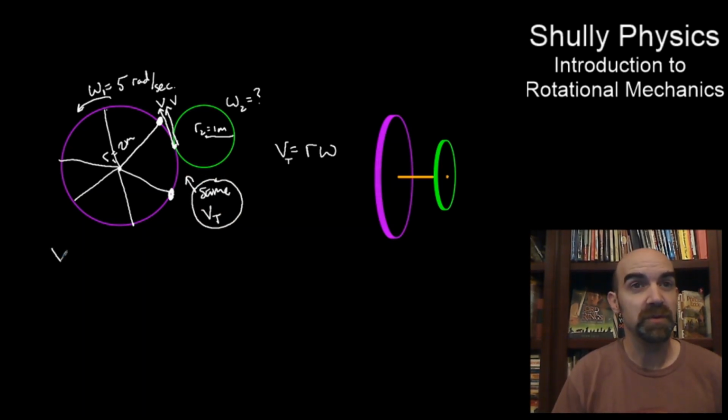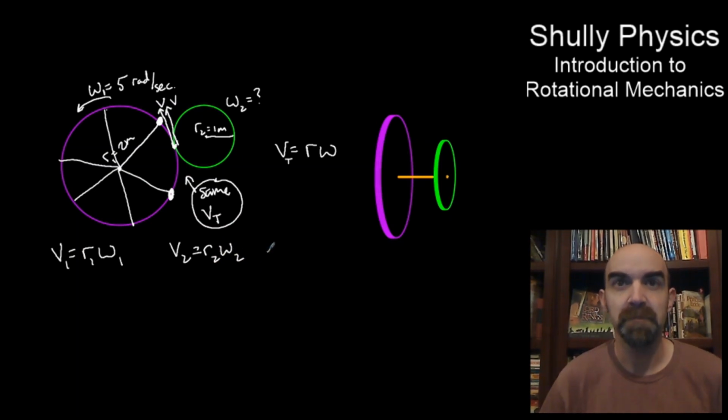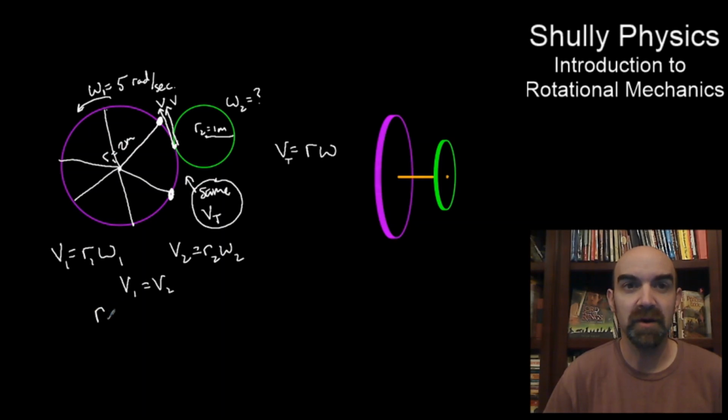So if we were to write out v1 equals r1 omega 1 for wheel number 1, and v2 equals r2 omega 2 for wheel number 2, if they have the same edge velocity, that means that v1 is equal to v2, and r1 omega 1 is equal to r2 omega 2.